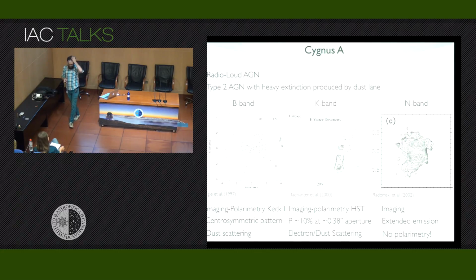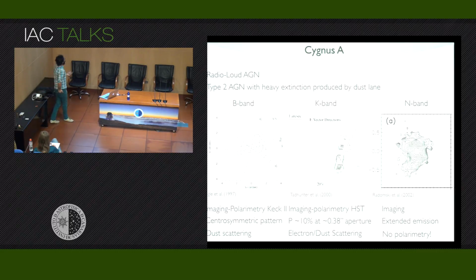Specifically, Cygnus A is a radio-loud AGN. It's a type 2 AGN with heavy extinction produced by the dust lane. Just a little bit of history: the V band was observed with Keck II in imaging polarimetry, and we can observe this centrosymmetric pattern, which is characteristic of scattering from the ionization cones.